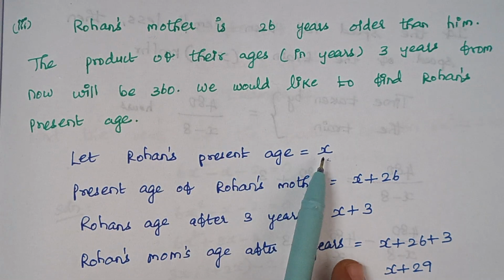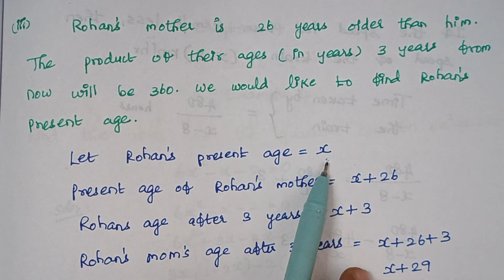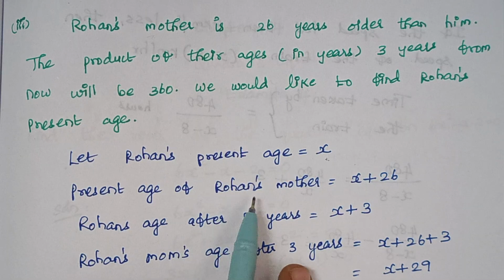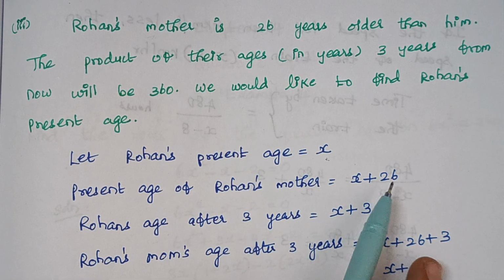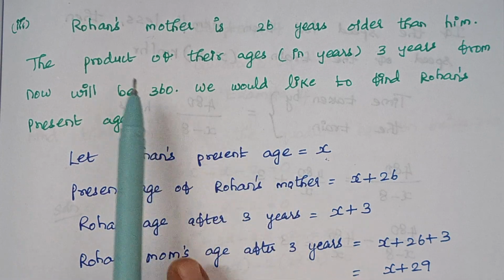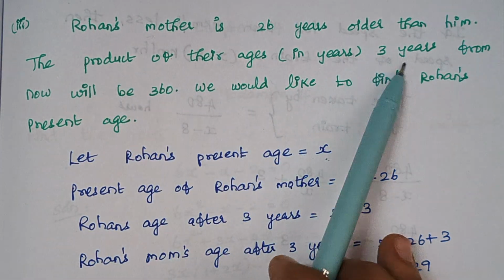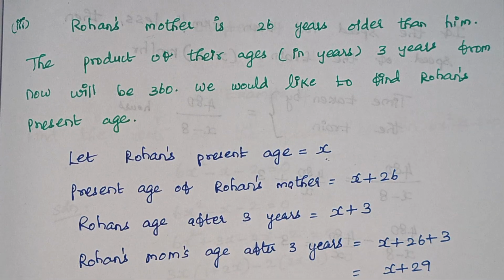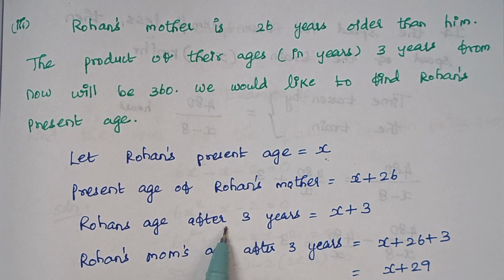So now we are taking let Rohan's age be X. Now what about the present age of Rohan's mother? It will be X plus 26 because Rohan's mother is 26 years older than Rohan. But what we actually need is the product of their ages 3 years from now. That is after 3 years, the product of their ages is equal to 360. So after 3 years, what will be Rohan's age?